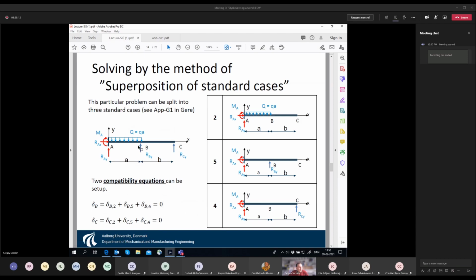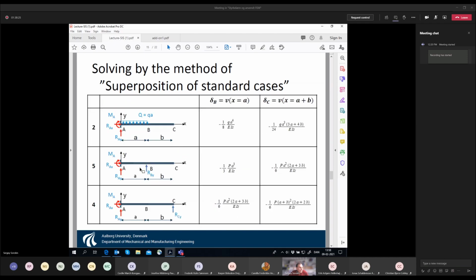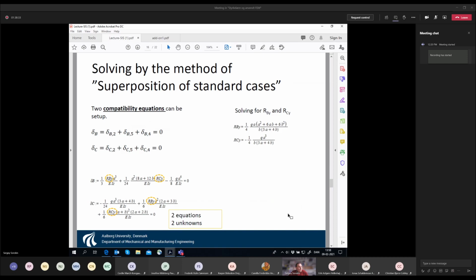We say that this point must have displacement equal to zero, and this point also must have displacement equal to zero. And in order to do it, we just take the table, standard cases, and combine these things in order to find these forces from this system of equations.